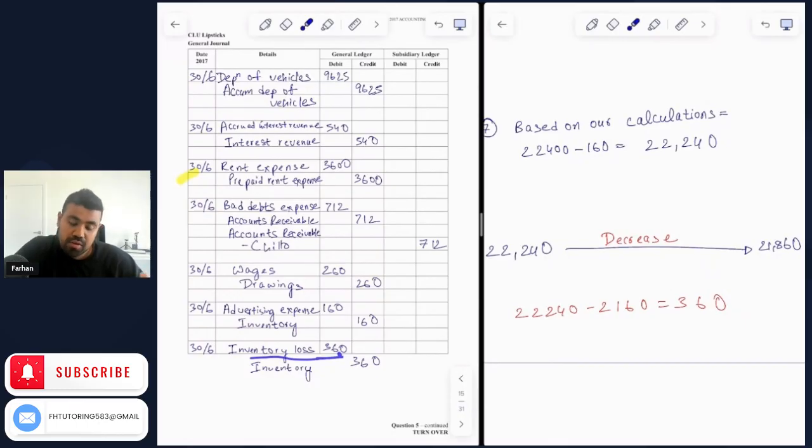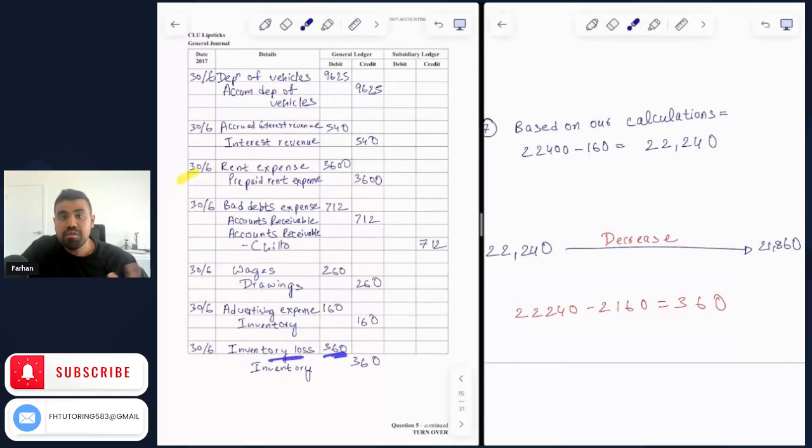The reason this is a loss is because based on our calculations, we thought we would have 22,240, but the count by hand revealed that it's actually 21,860, which found a difference of 360 that we need to remove from the books, and we are treating this as an inventory loss, which is an expense for the business. So any expenses are debited, so that's why we are debiting inventory loss by 360.